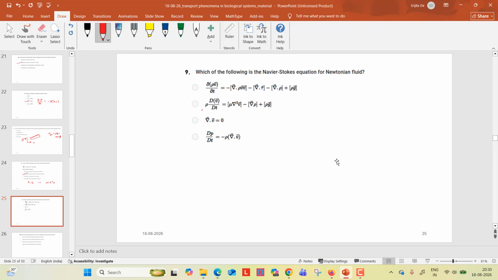Whatever I have written is in this form for incompressible fluid. Why? Because now you can see that rho has come out, right? If it is not incompressible, rho cannot come out like that. So it is option B.